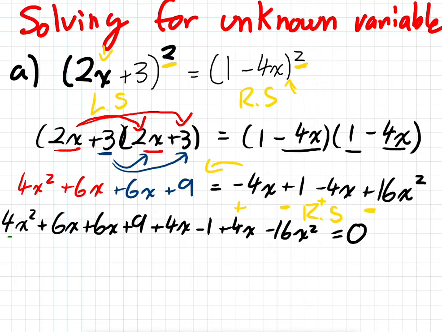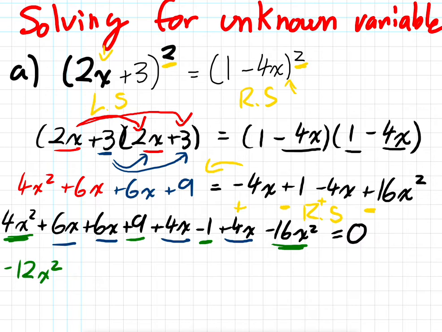But very quickly, we can see that 4x squared and negative 16x squared, those are like terms. So we can collect those. We can collect our 6x, positive 4, and positive 4. And finally, we can collect 9 and negative 1. So when we do that, negative 16 and 4, that's going to give us negative 12x squared.